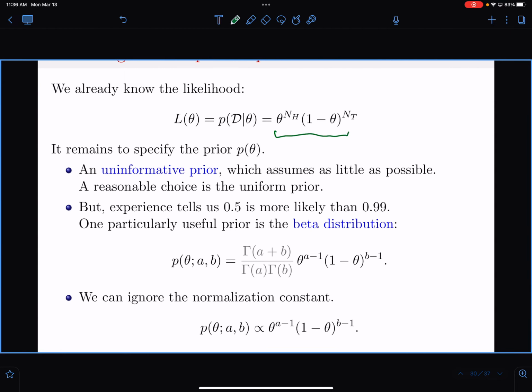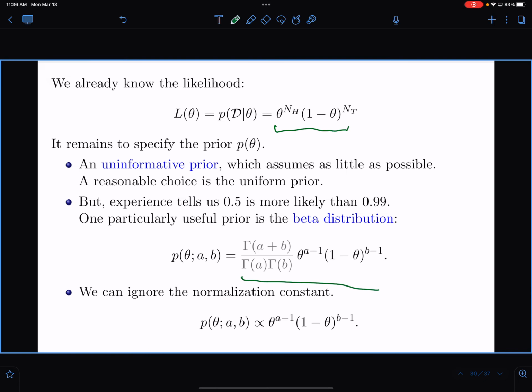The beta distribution is written out as this term here. There's this gamma thing, which you can ignore because it's a complicated normalizing function. Since we're doing argmaxes, we can just focus on the theta to the a minus 1 and 1 minus theta to the b minus 1. But if you're curious, the gamma function is basically the generalization of the factorial function.